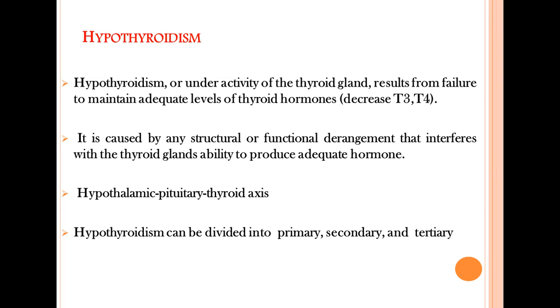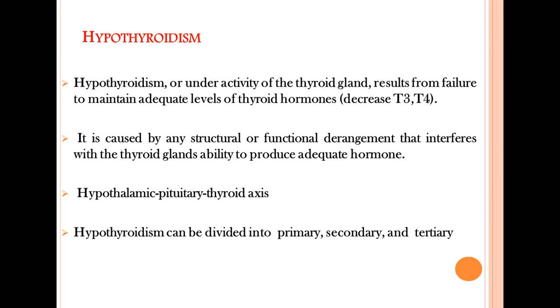It's caused by either a structural or a functional defect, so that the thyroid cannot produce an adequate amount of thyroid hormone. The defect could be anywhere in the hypothalamic, pituitary, and thyroid axis. The hypothalamus secretes the TRH that is important for stimulation of the pituitary to produce the TSH to stimulate the thyroid gland, and the thyroid gland will produce the T3 and T4.